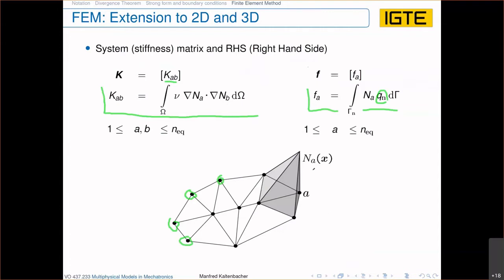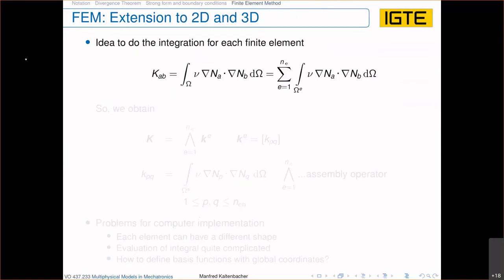Here it is in 2D and a little more complex in 3D. But we see that for a large part of the computational domain, we will have no contribution because there is no overlap between the basis functions N_A and N_B. So there should be a possibility to compute this more efficiently, and that is what we go to on the next slide.